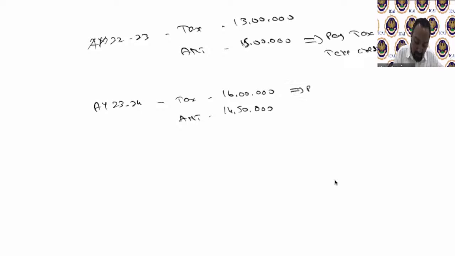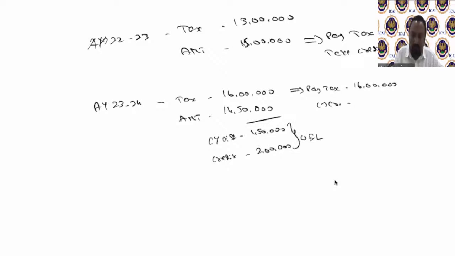So my paid tax will be 16 lakhs minus AMT credit. I can only adjust credit to the maximum of this difference. So this is the current year difference. Credit available is 2 lakhs. Whichever is lower is only what I can adjust. I cannot go beyond this. So I can only adjust how much? 1,50,000.